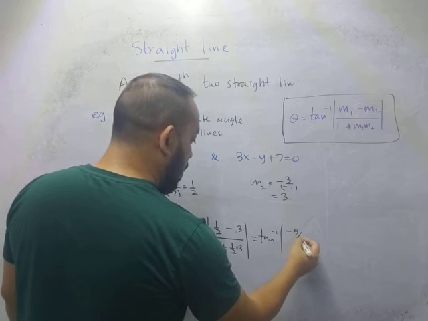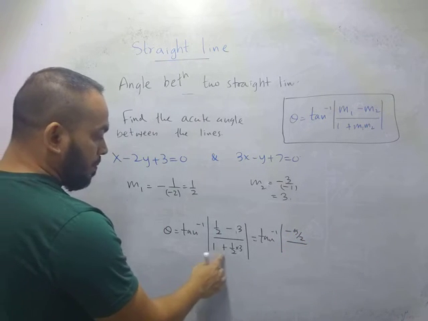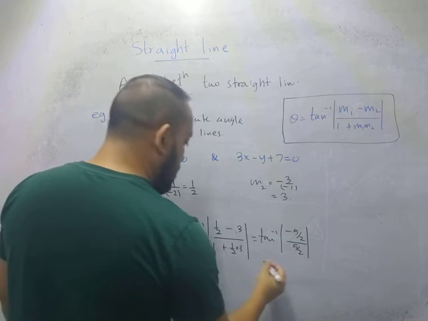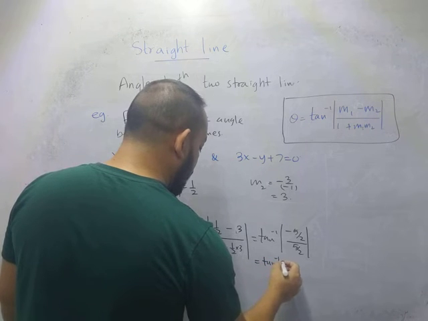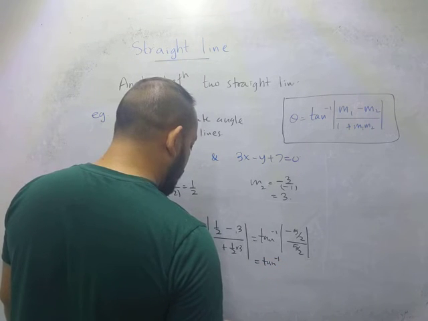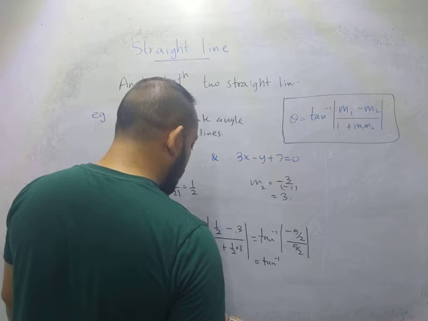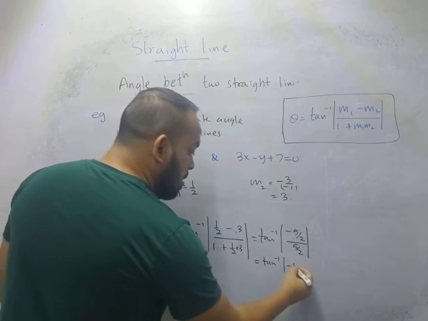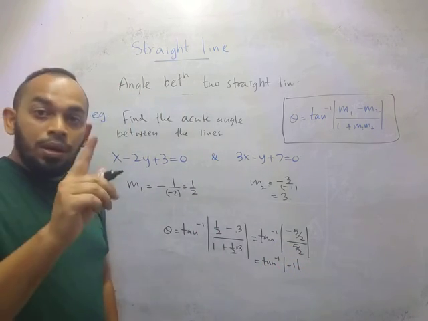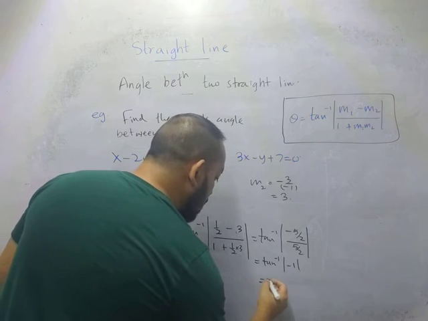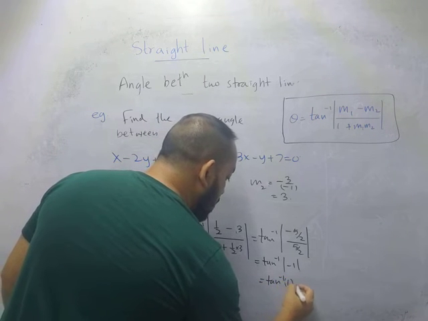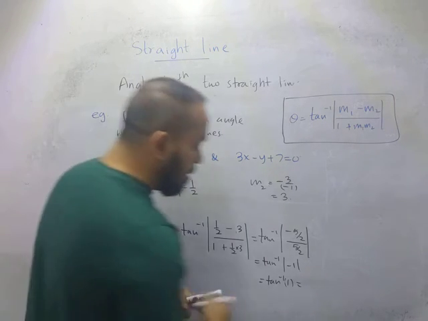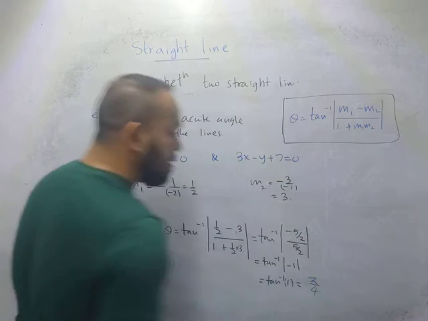Minus 5 by 2 divided by 5 by 2. Here this is minus 1, so modulus of minus 1 is 1. Tan inverse 1. What angle is given by tan inverse 1? This would be 45 degrees.